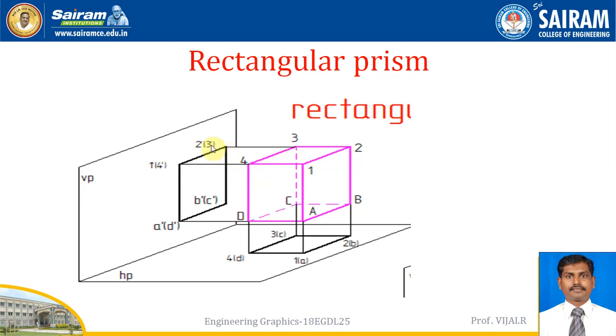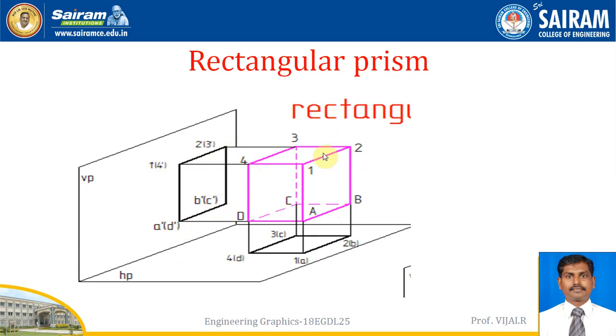So the visible edges we mention without brackets: A dash, B dash, 2 dash and 1 dash. Without brackets we keep them on the corner, but whatever is hidden we put in brackets. This is a very important thing.